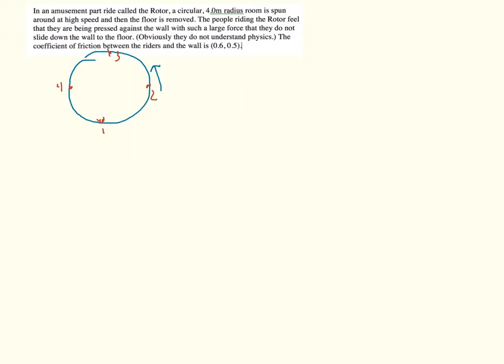So if I draw a free body diagram for a person who's on this ride at point 1, what I have is the force of gravity that is pointing down.